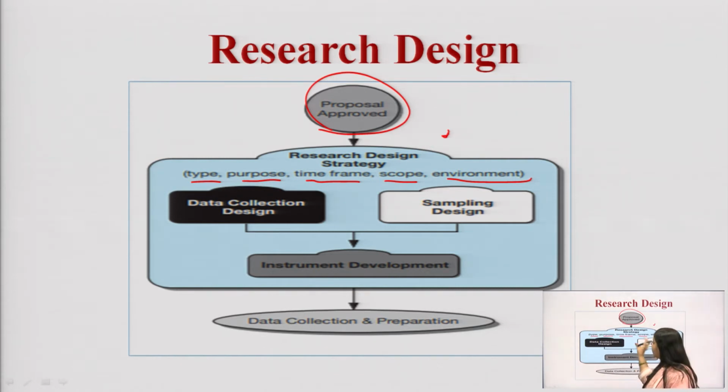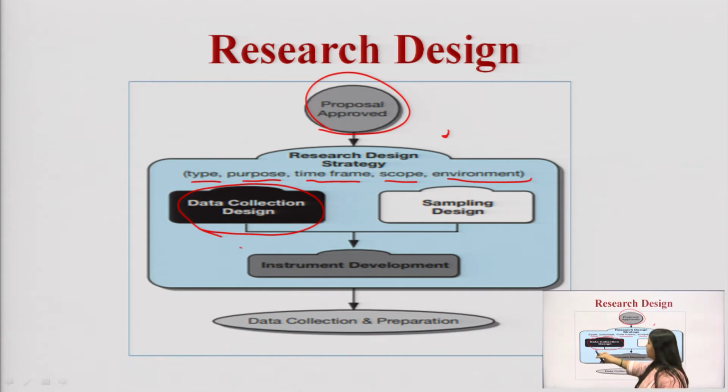These points we have to keep in mind and design, and besides these things we have to design our data collection design. Means you are going for the observation method, or the survey method, or the in-depth interview, or the focus group interview. It will depend upon your initial research problem.